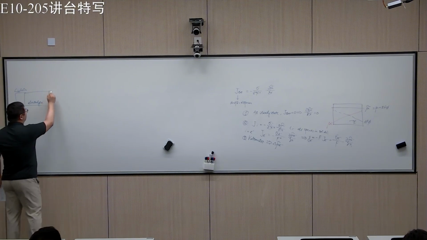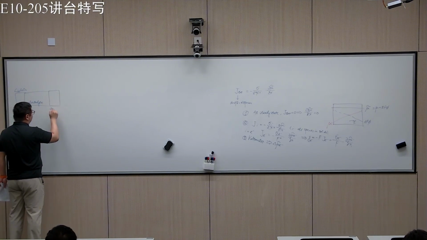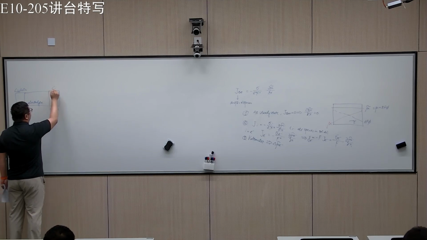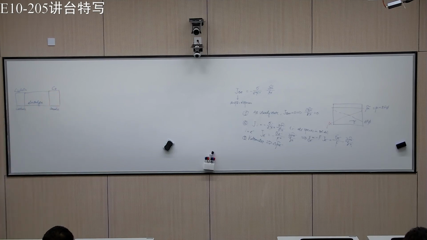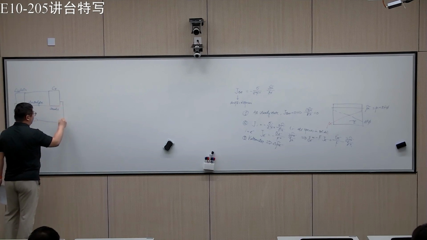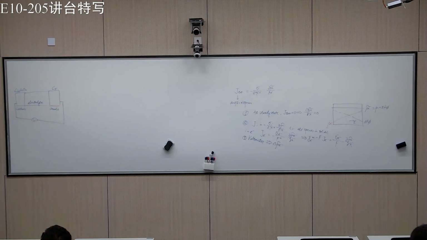And I have an anode, let's say it's graphite, carbon. I use carbon-6 to represent graphite. And I have electrolyte. So let's say I use a voltmeter to measure the voltage. What do I get?